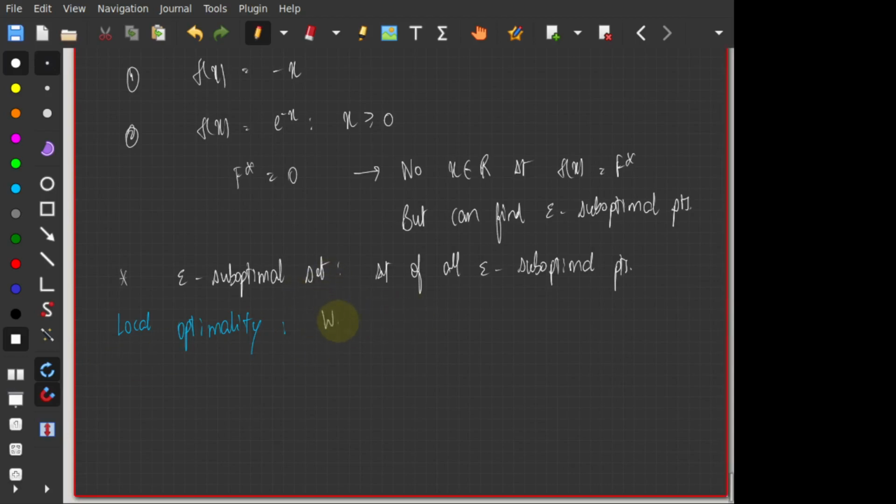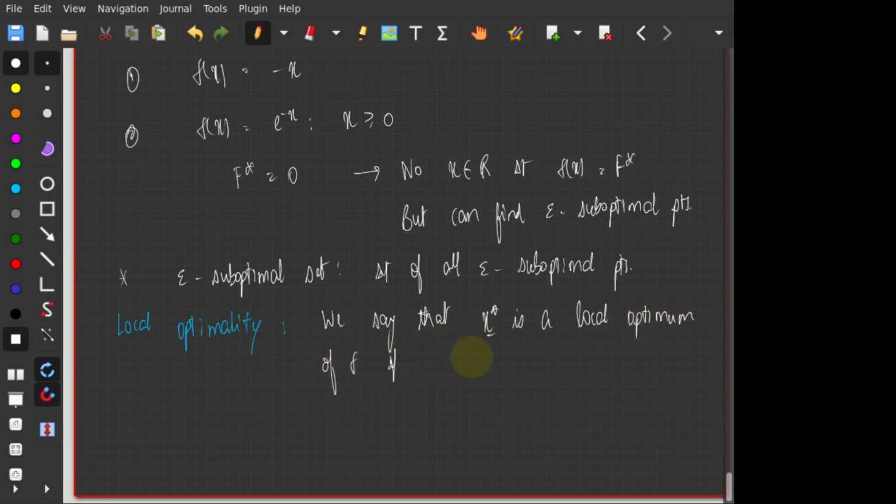So we say that some x star is a local optimum of f if f of x star is less than or equal to f of x for all x in some neighborhood.